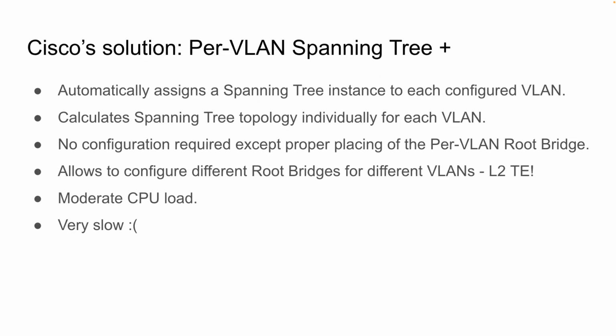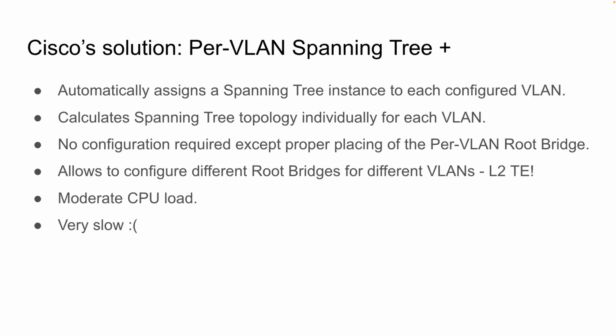Cisco's solution is Parallel Spanning Tree Plus. This is not a solution that speeds up the operation of the classical spanning tree protocol, because parallel spanning tree plus runs a single instance for each VLAN, a separate instance for each configured VLAN, which means that all VLANs get their own spanning tree instance.